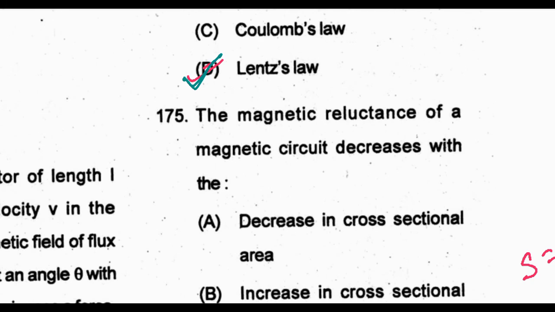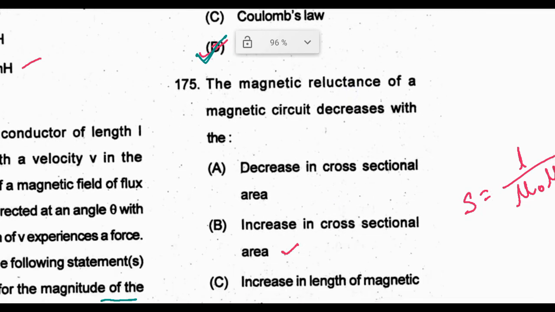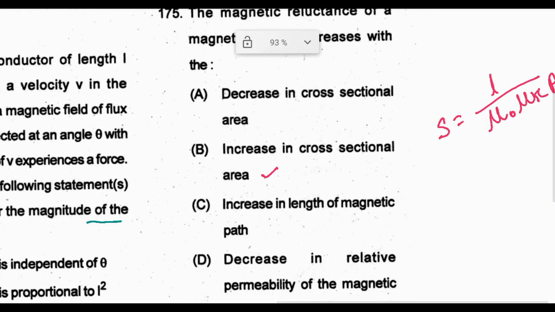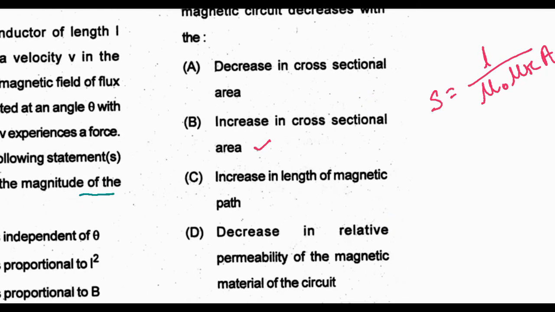The next question is, the magnetic reluctance of a magnetic circuit decreases with: option A, decrease in cross sectional area; option B, increase in cross sectional area; option C, increase in length of magnetic path; option D, decrease in relative permeability of magnetic material of the circuit.